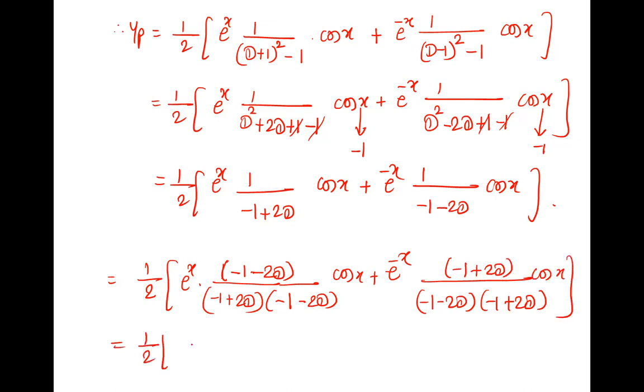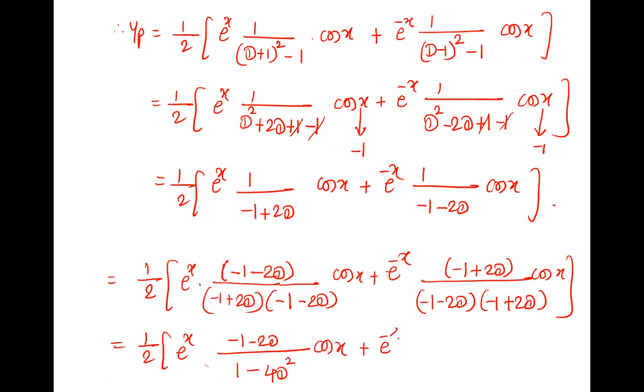So it is 1/2 e raised to x, minus 1 minus 2D, minus 1 minus... a plus b, a minus b, a square minus b square. What is that? 1 minus 4D square, correct, on cos x.